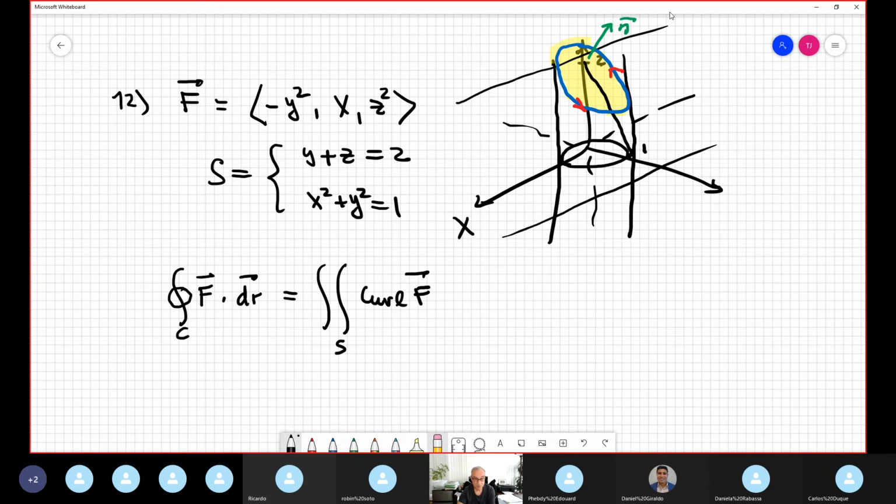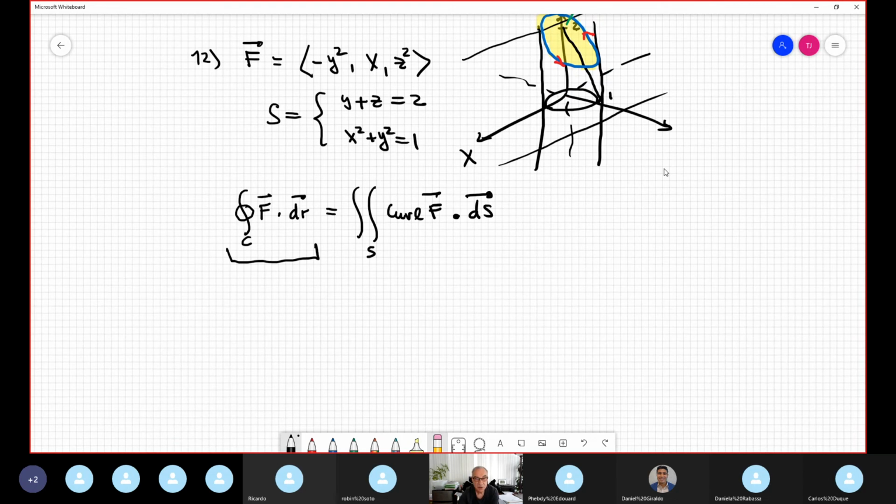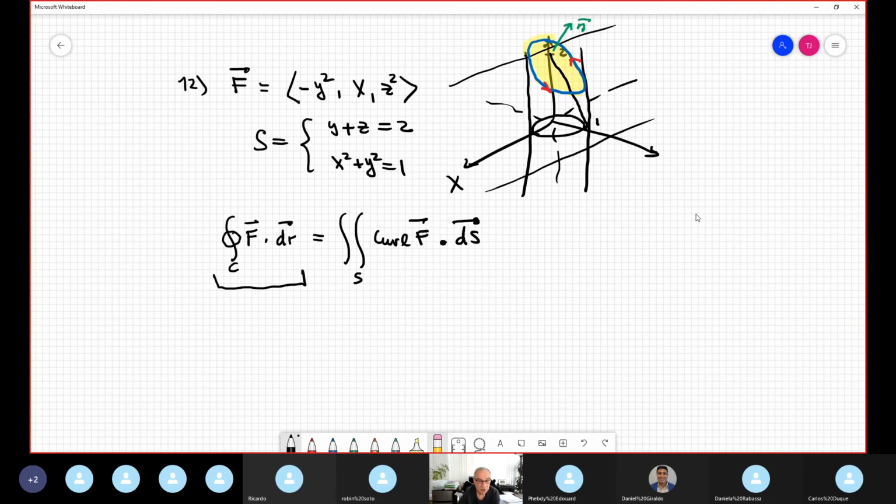Let's do it in that way. I need to focus on the parameterization for the curve. Well, I take advantage that it is inscribed in the cylinder.